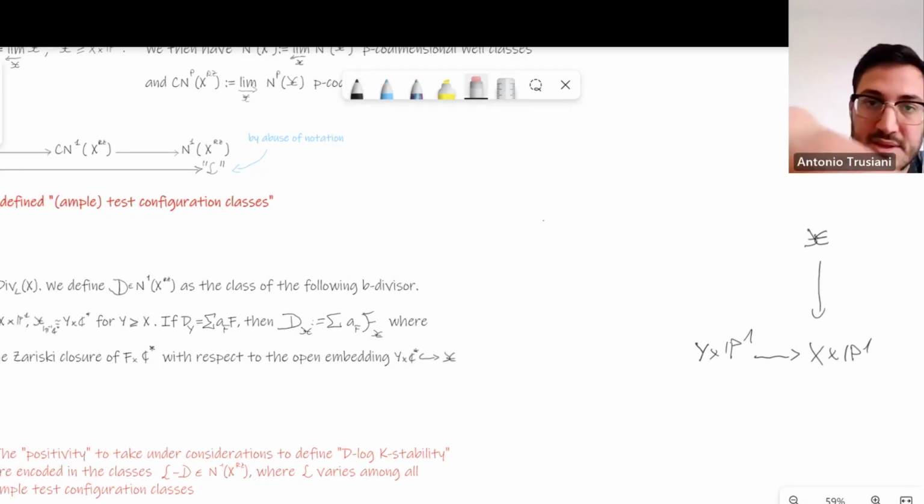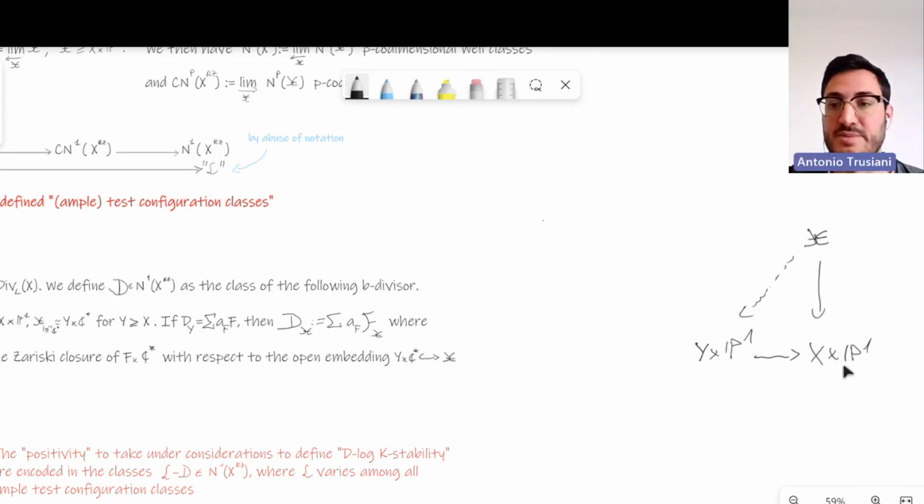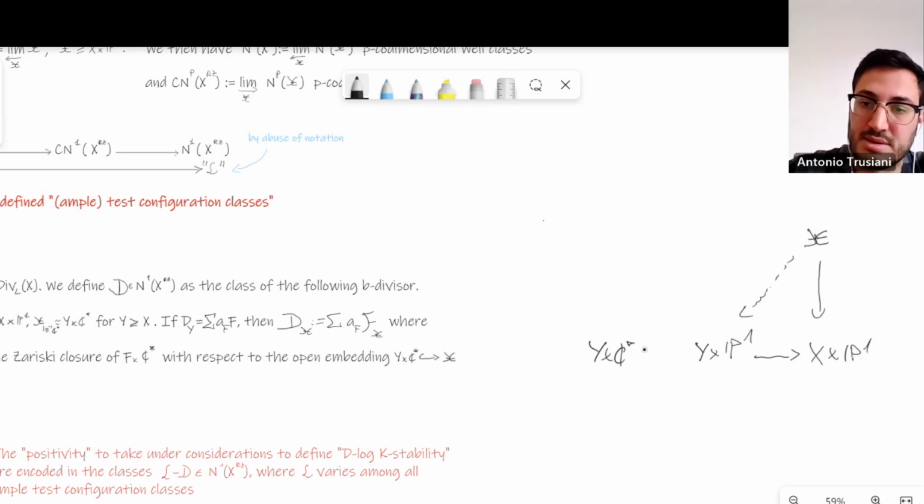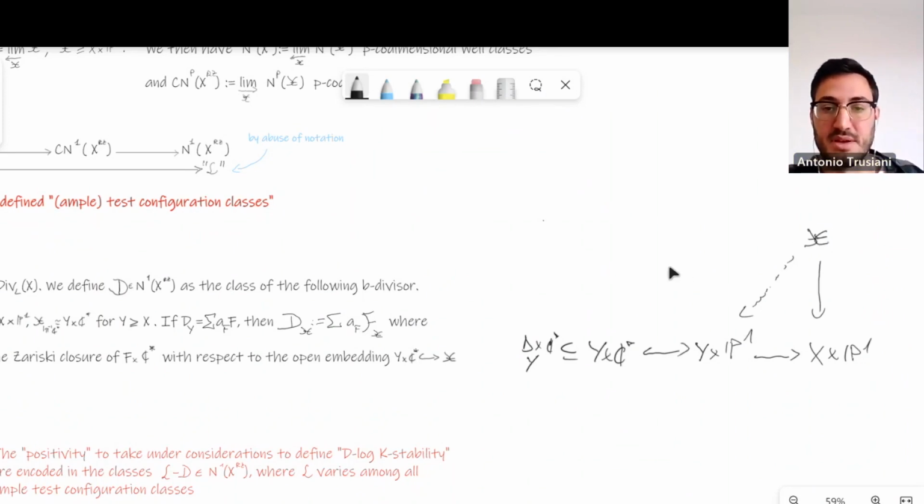Sorry. This calligraphic X is a test configuration that dominates X cross P1, but over C star is isomorphic to Y cross C star. So when we consider this one, we have that D cross C star is here, and we just take D_Y, this calligraphic X, as the Zariski closure of this divisor in calligraphic X, component-wise.